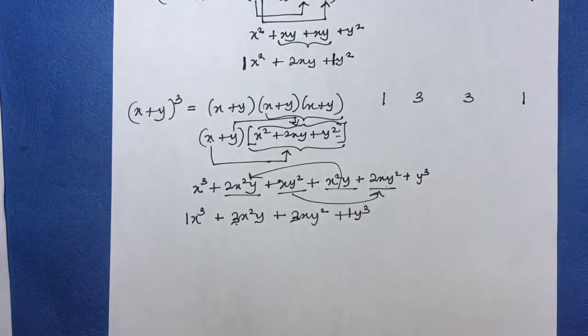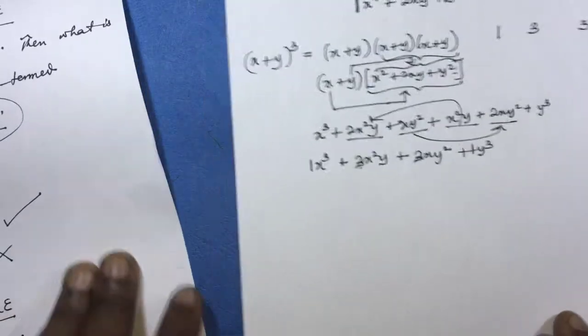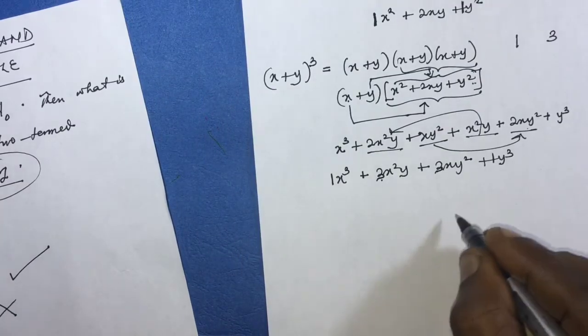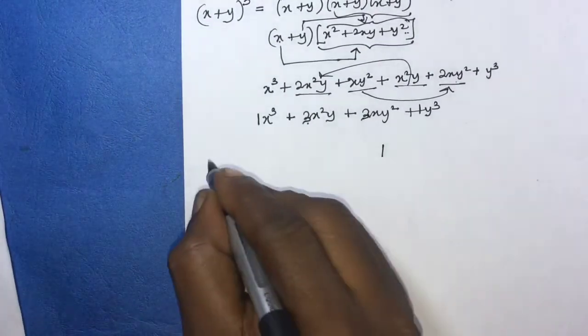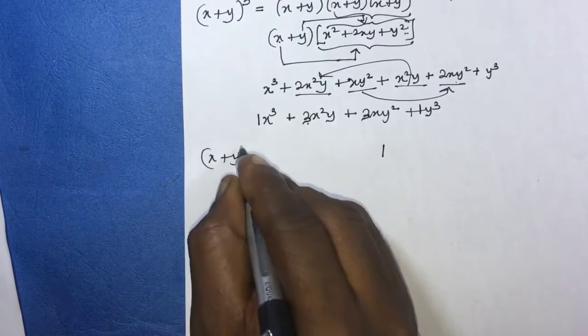Now notice what the Pascal's triangle does for us. It helps us to expand in the sense that it tells us the coefficients in the expansion of a binomial. So summarily, for Pascal's triangle, we are going to write 1 when x plus y carries the power 0.